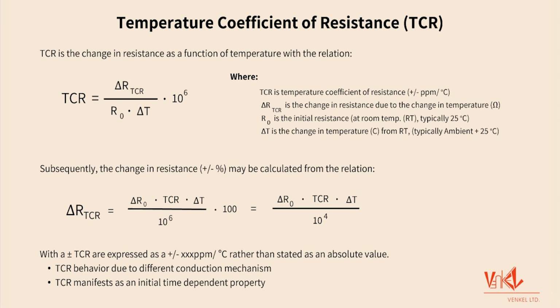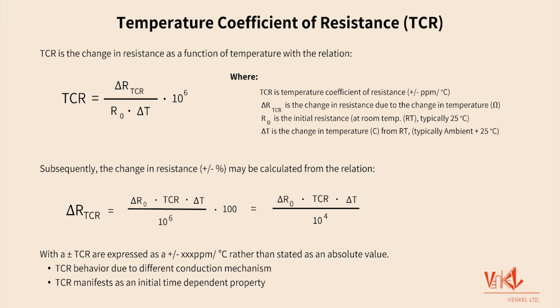Temperature coefficient of resistance, TCR, quantifies how a resistor's resistance changes as a function of temperature. It is expressed in parts per million per degree Celsius and is calculated using the provided relation. TCR represents an initial time-independent property of the resistor and is influenced by the material's conduction mechanisms.